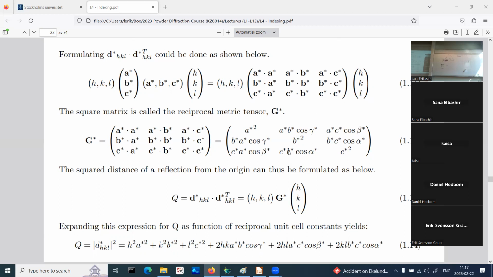One can express it in the reciprocal space unit cell parameters like that. We don't need calculations manually, but we could perhaps put some background. So the Q value can be expressed as HKL times the matrix here and the column vector.